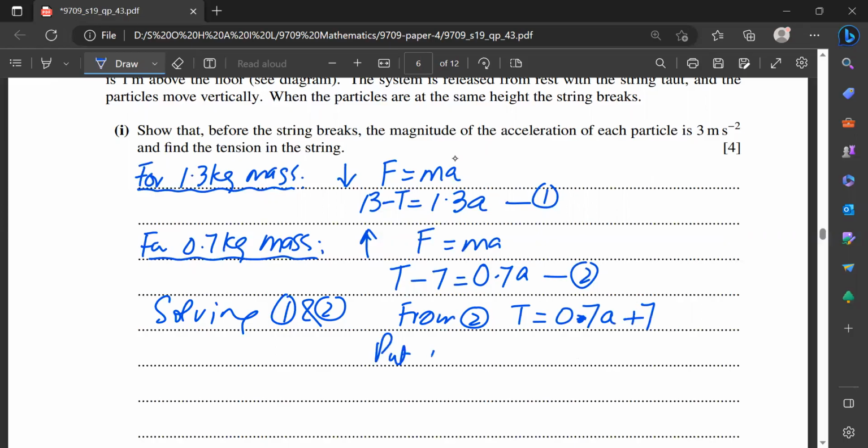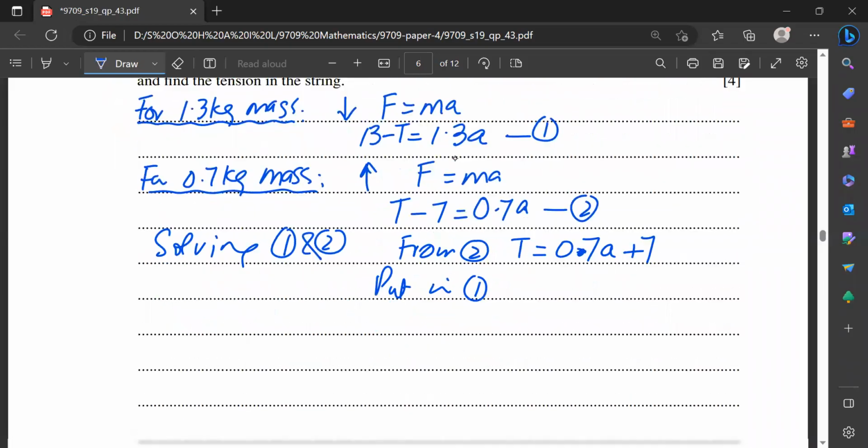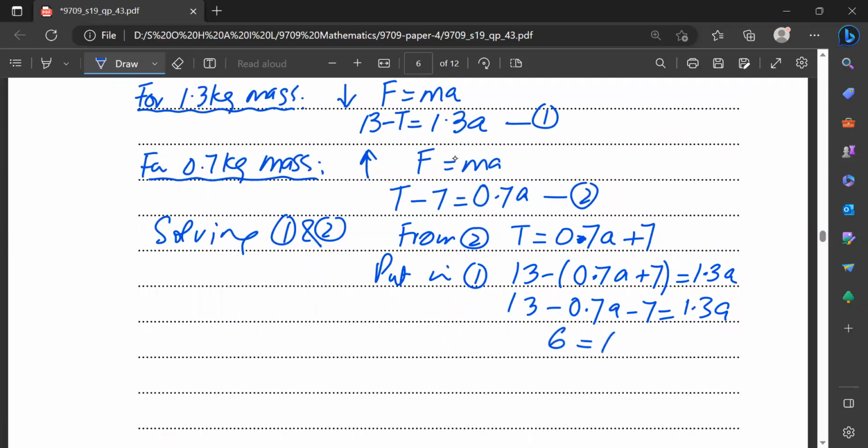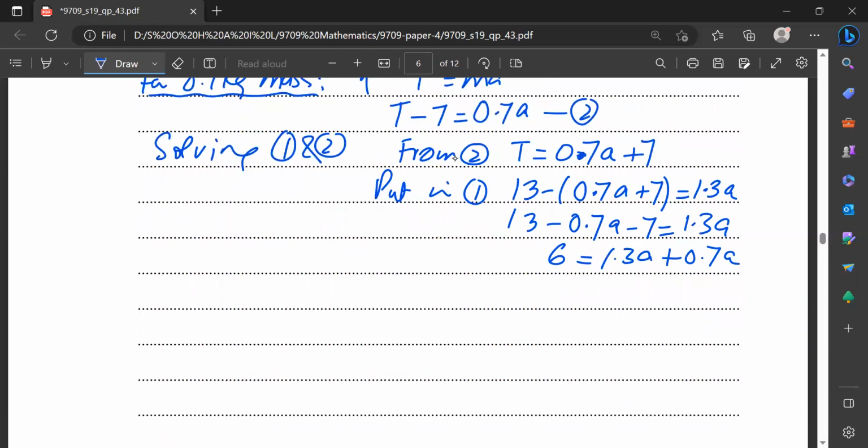We put this value in equation 1: 13 minus (0.7 A plus 7) equals 1.3 A. So 13 minus 0.7 A minus 7 equals 1.3 A. So 6 equals 1.3 A plus 0.7 A. Finally, 6 equals 2A, so A equals 3.